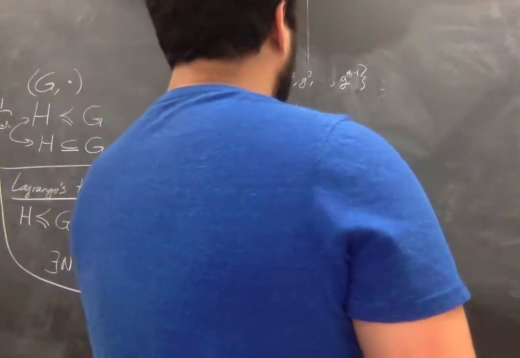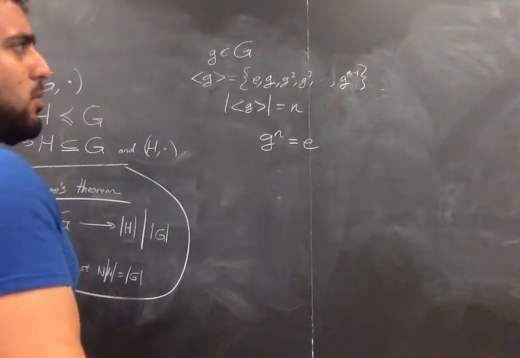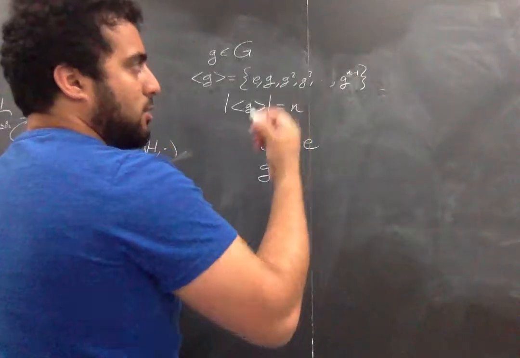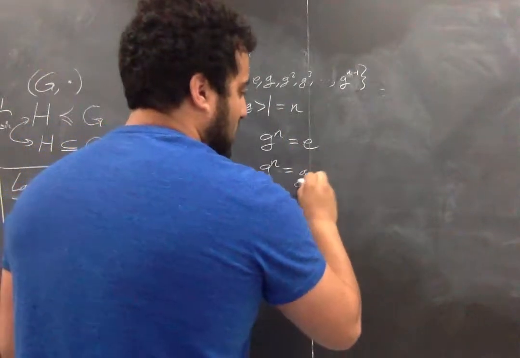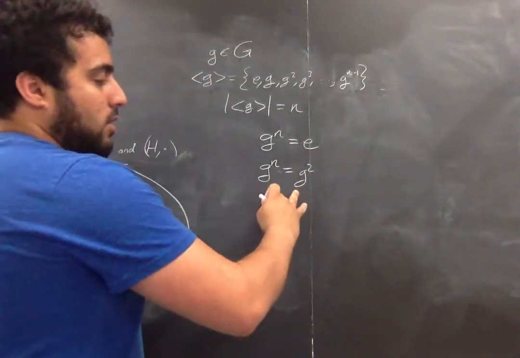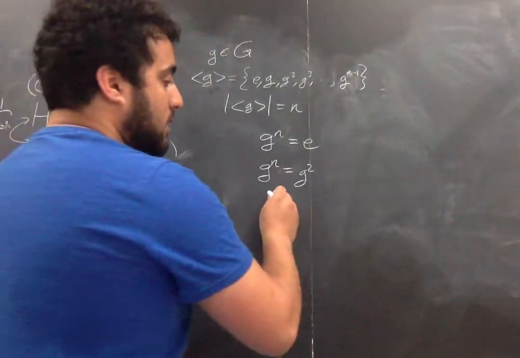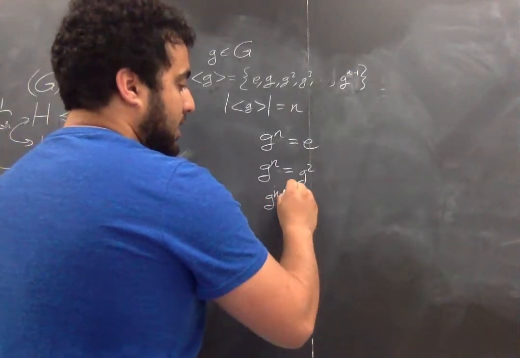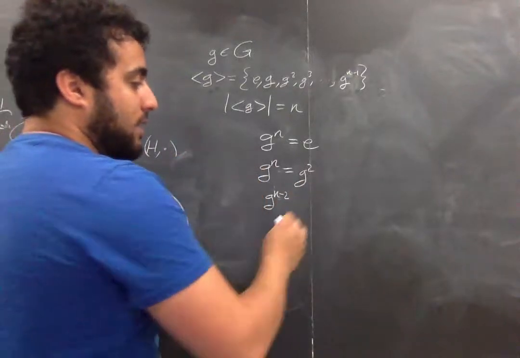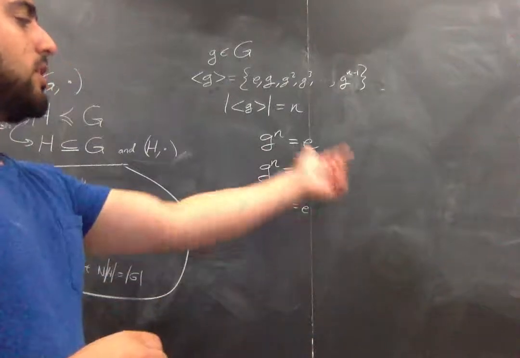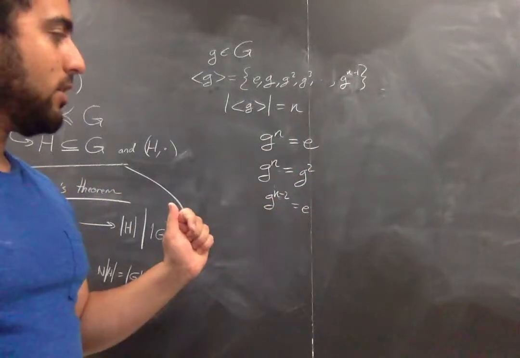Why is that? Well, let's suppose that when we got to g to the n, this was actually equal to, let's say, g squared, for example. Well, then we can just multiply by inverses. We can multiply by g inverse 2 times. That'll result in g to the n minus 2, since 2 of these g's will cancel, is equal to our identity. Which would mean that we had actually started looping back 2 elements before.